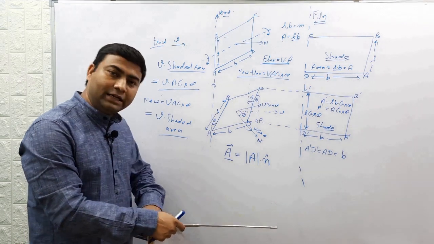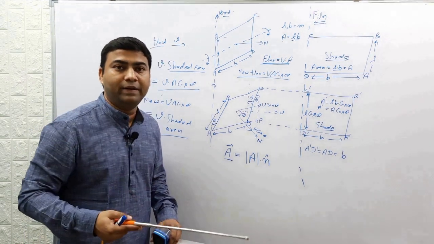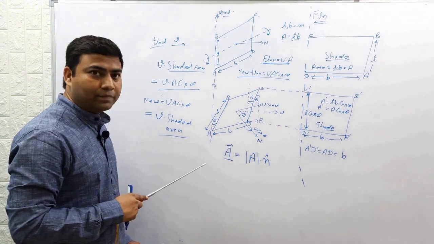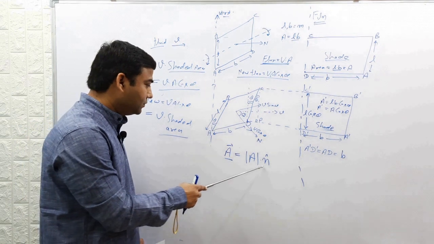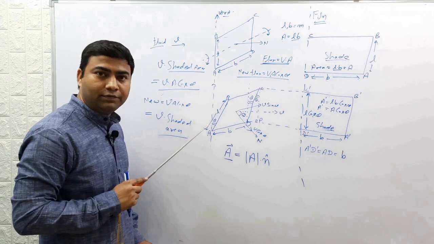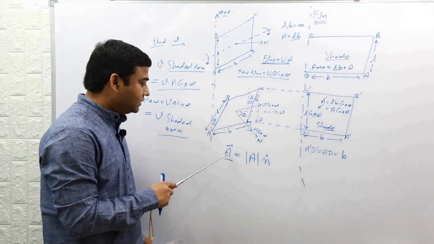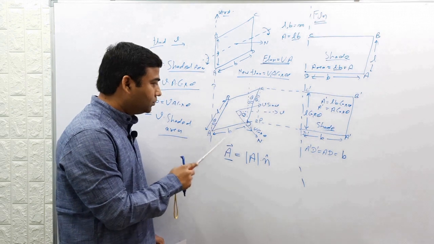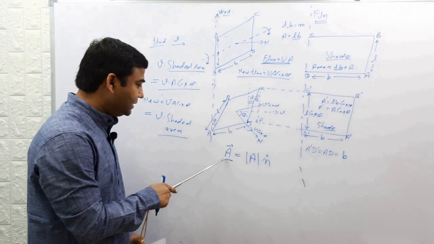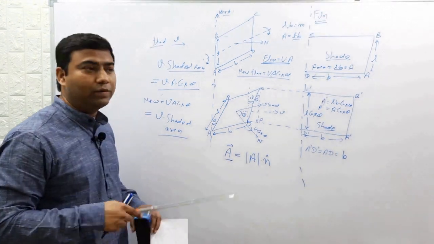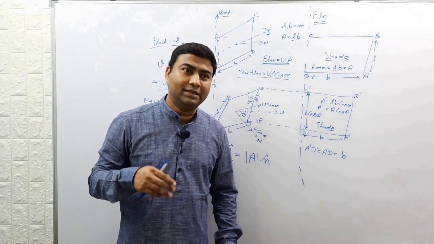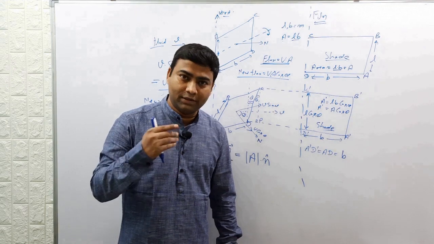As we defined a displacement vector in line integration, similarly we define the area vector as a vector whose magnitude is equal to the area of the given surface and direction is perpendicular to this surface. So why do we need this area vector? This area vector is the third method to find the flux.